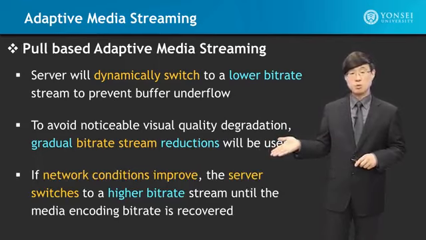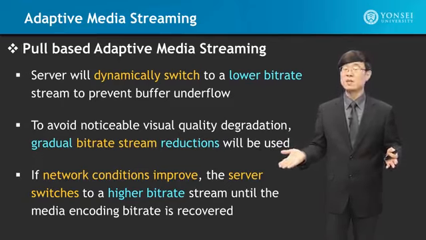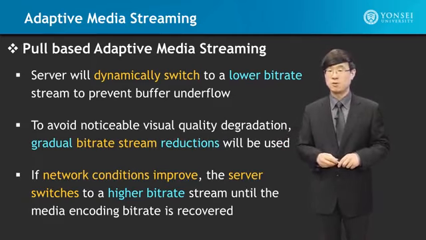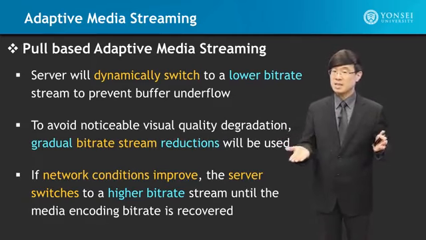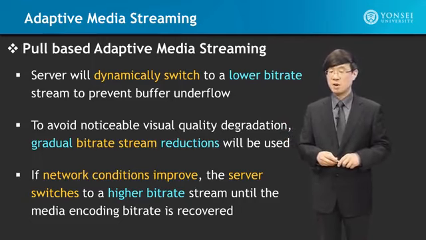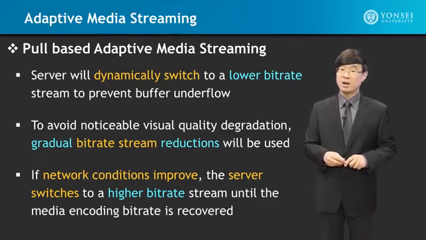If network conditions improve, then the server switches to a higher bitrate until the media encoding bitrate is recovered. And that's talking about if the network conditions improve, then you want to go back to the high quality that you were using before. And this is supportive if the network throughput and the other conditions in the network are able to support this higher resolution and higher throughput.